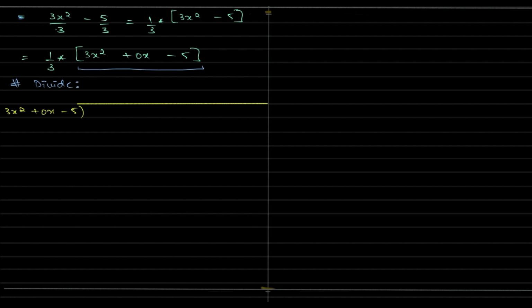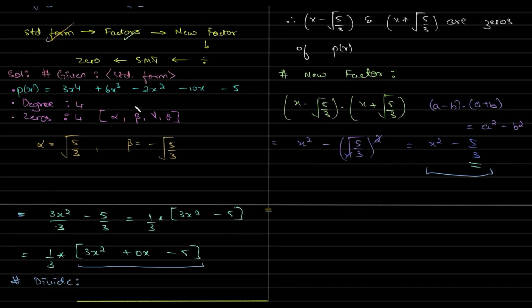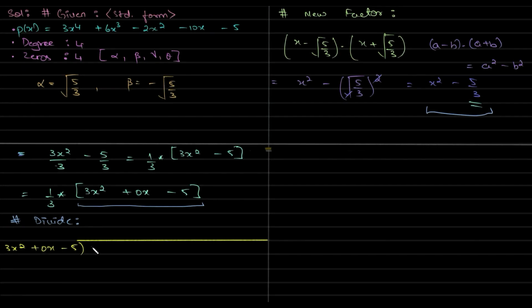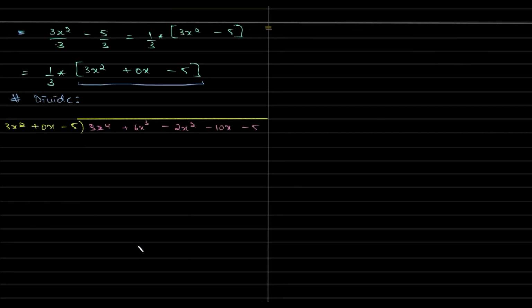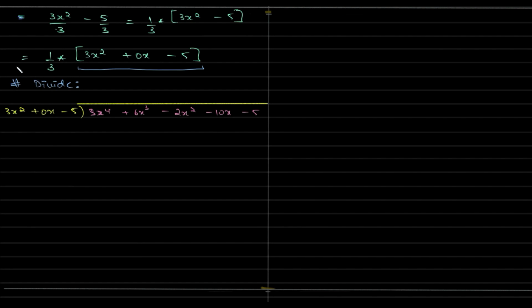Don't be scared, it's okay to do that. Then we have p of x, 3x to the power of 4 plus 6x cube minus 2x square minus 10x minus 5. Then we'll do the actual division.